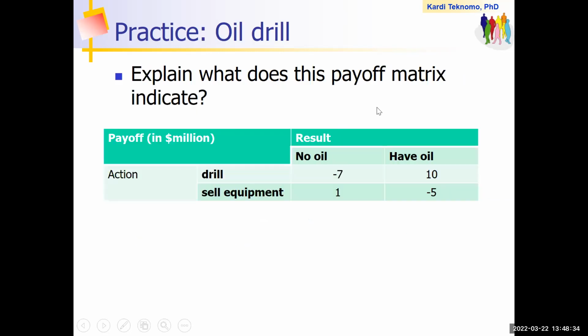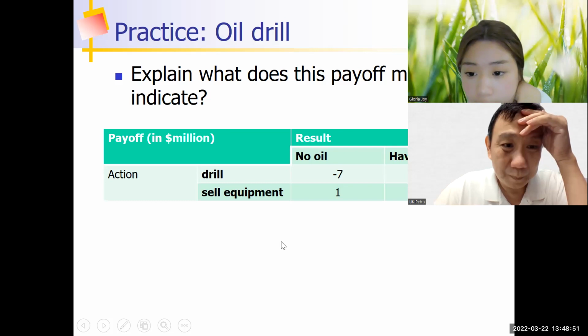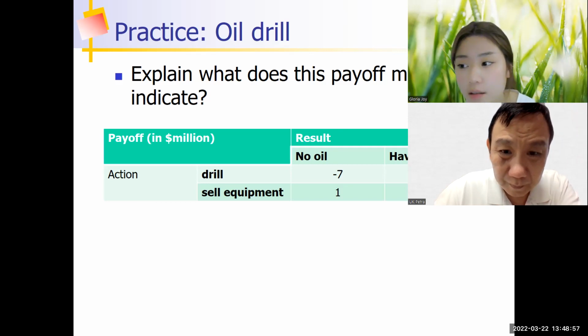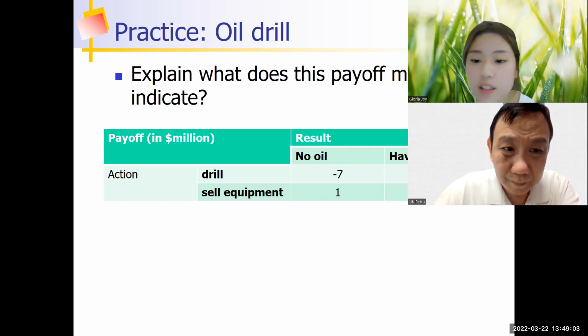A while ago, we talked about oil drill. So what is the meaning of this -7 and -5? Can you explain? The -5 is basically you lose 5 million if there's oil and you decide to sell equipment.